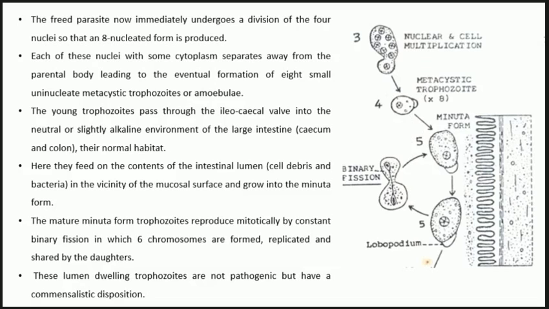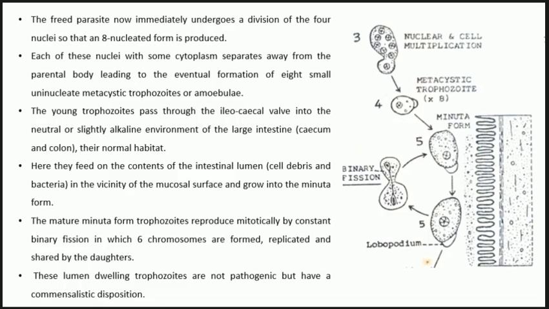Nuclear division takes place. So the 4 nuclei divide, only nuclear division, remember, not cell division. Initially the cell division doesn't take place. The 4 nuclei divide into an 8 nucleated form. Once these nuclei with some cytoplasm separate away from the parental body, one by one all these nuclei separate.